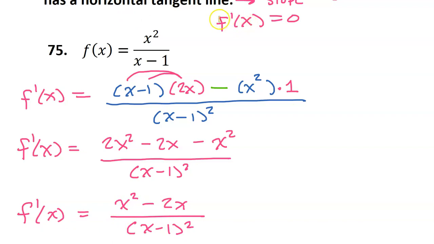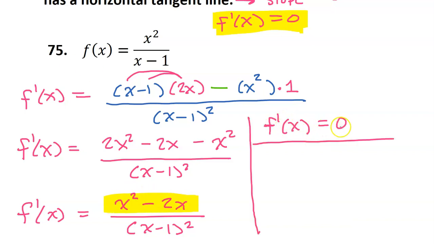But remember, the question is, where is the derivative equal to 0? The only way a fraction is going to equal 0 is if the numerator is equal to 0. So the derivative will equal 0 if x squared minus 2x is equal to 0.